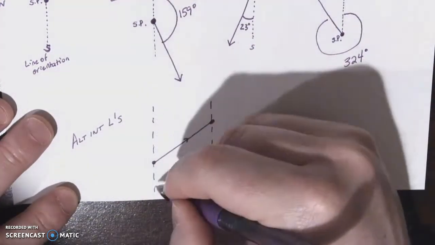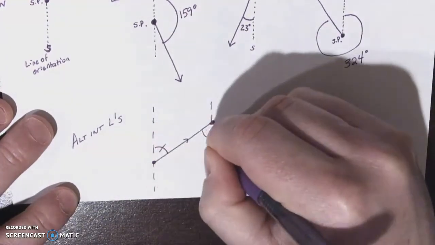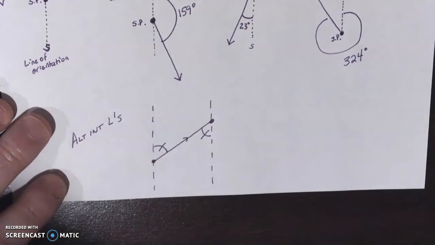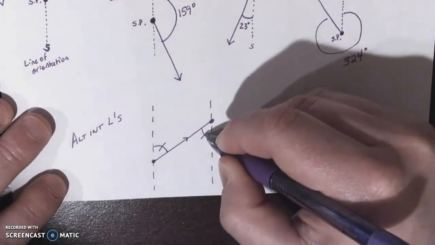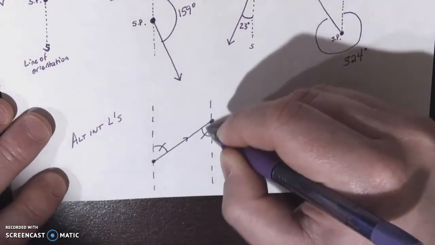Remember that since these are both vertical, these lines are parallel, that would make these alternate interior angles. That would make those congruent. Just a reminder that these two angles here would add up to 180 degrees because it's a linear pair. We call those supplementary.